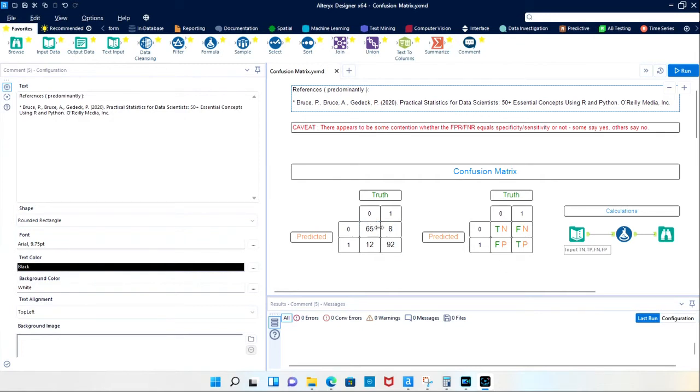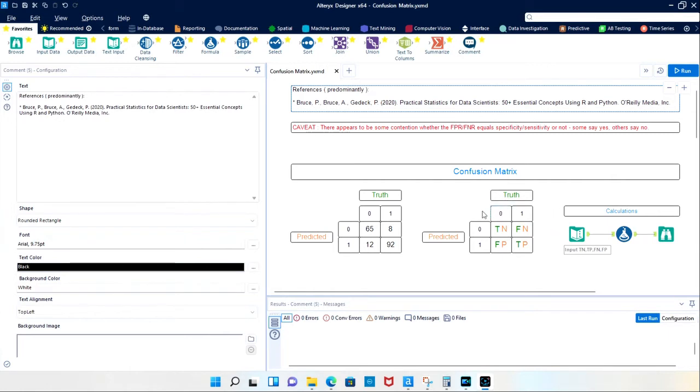So for instance, 65 is a true negative, 8 is a false negative, 12 is a false positive, and 92 is a true positive. And I also decided to color code the truth and the predicted portions.